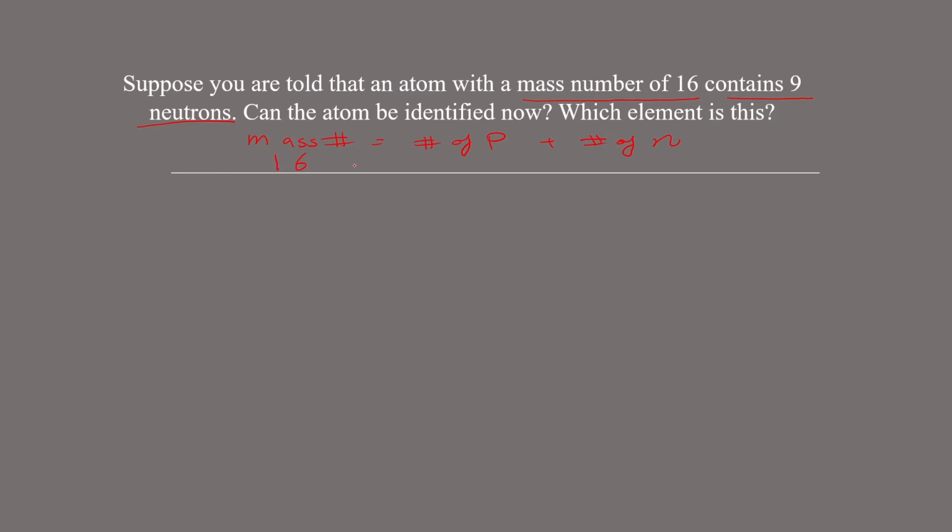The mass number is 16. The number of protons we do not know. The number of neutrons is given as 9. If you subtract these two numbers, 16 minus 9 will give you the number of protons, which is 7. With this number of protons, you can identify the atom now. With this number 7, if you look at the periodic table, you will see that nitrogen is the element that has atomic number 7. Okay. So that's how you can identify the element for this problem.